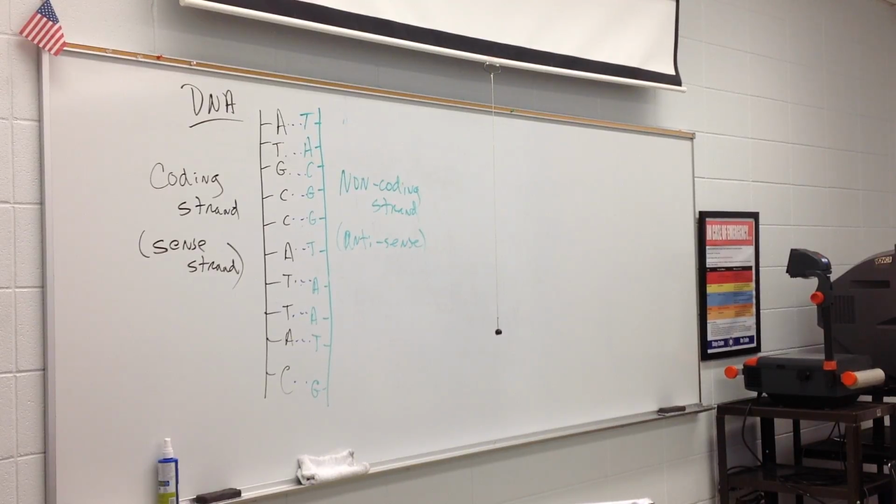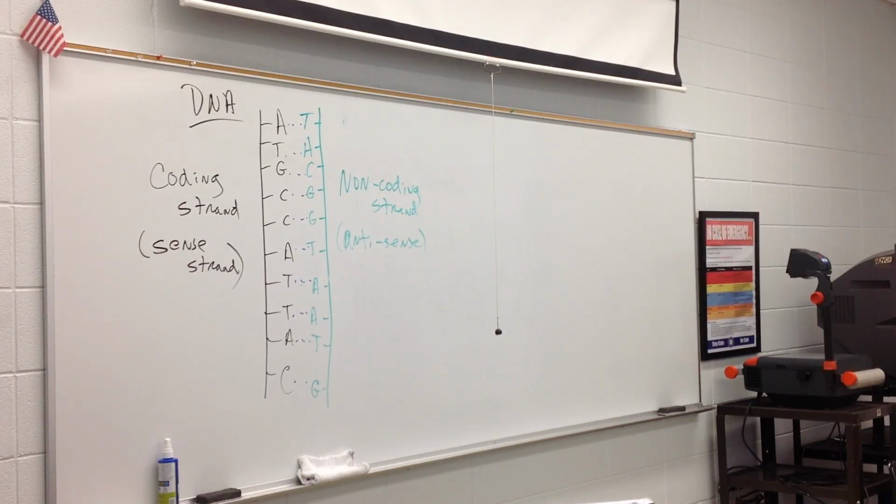Split them apart, come up with two newly synthesized strands to go with your two original parental strands, right? The semi-conservative synthesis of DNA. So the non-coding strand is used to replicate DNA, and it has another use too. It can also be used to repair the sense strand if it's ever damaged.